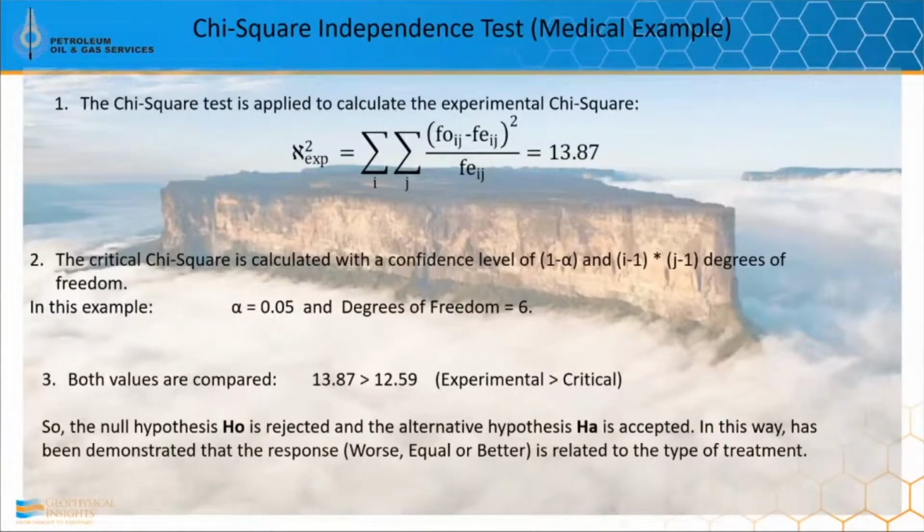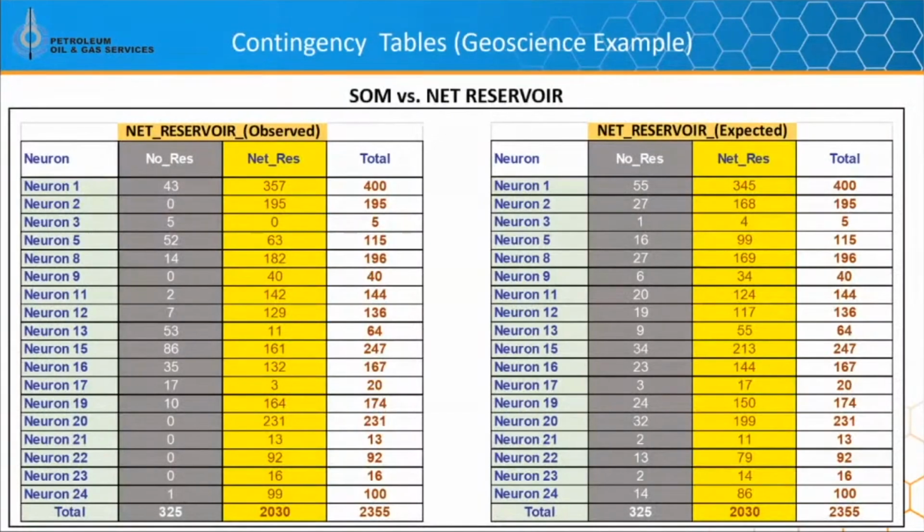So in this way, we demonstrate that the response to the treatment and the treatment are related. The variables are dependent, in other words. So let me show you how we adapted this statistical tool to our geoscience world.